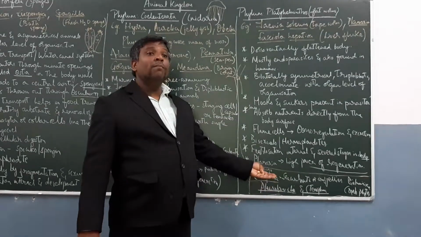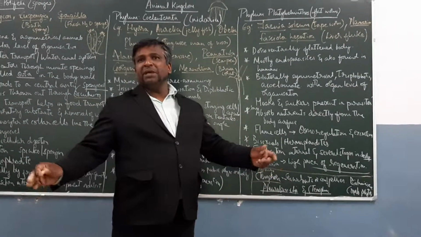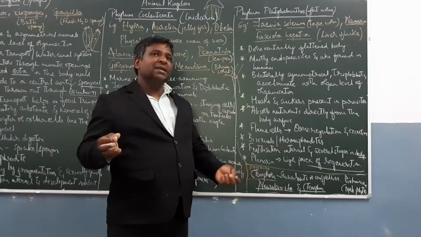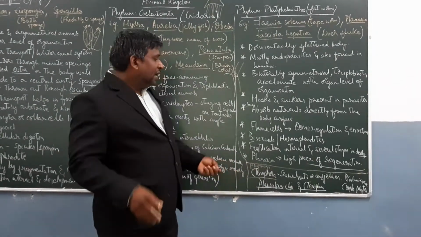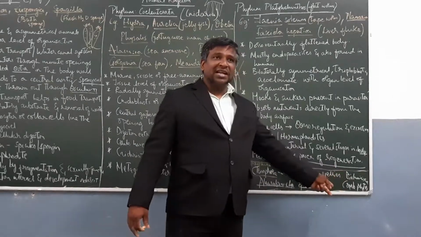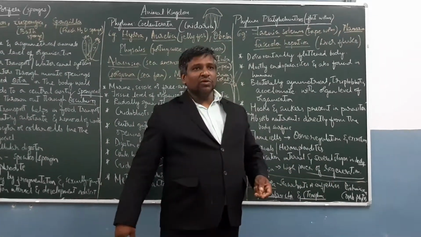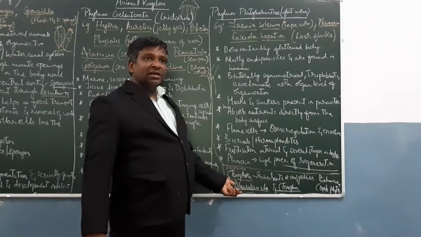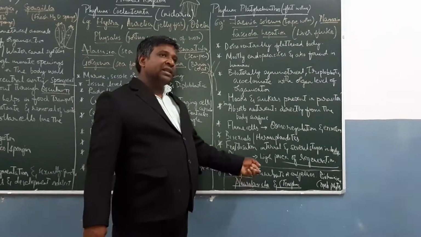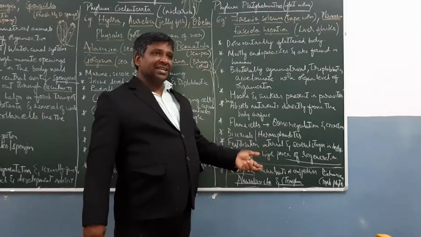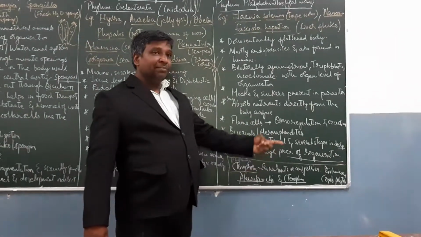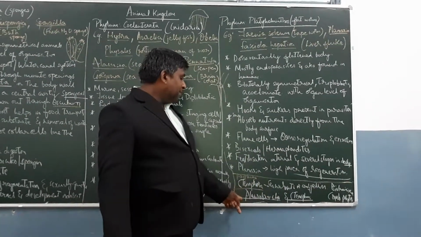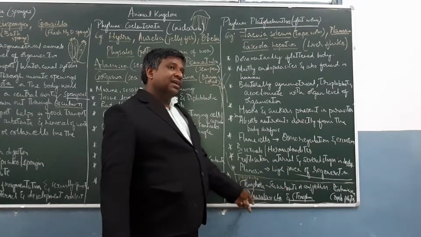They have comb plates, nearly 8 rows of them, which help them in locomotion. And they exhibit bioluminescence; that is, in darkness they glow. So these are noticed in phylum Ctenophora, commonly called sea walnuts or comb jellies. They have comb plates and bioluminescence. You have to remember about it.